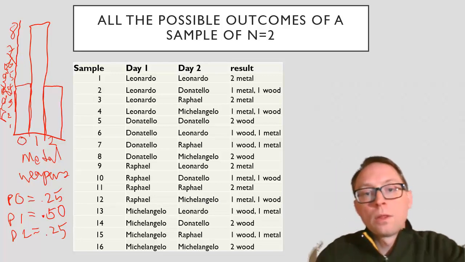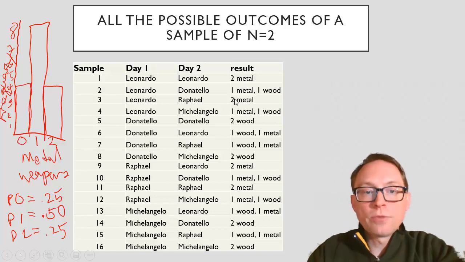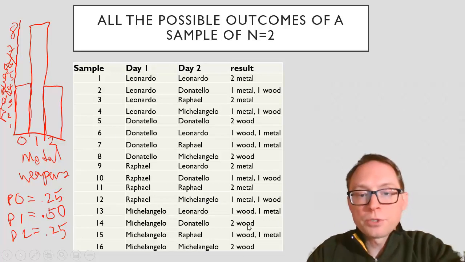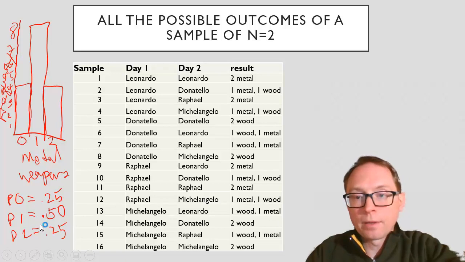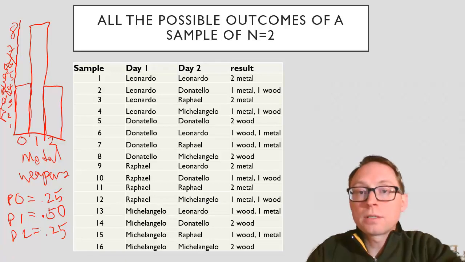Okay? This is a list of all the possible outcomes and the probability of each of them happening. This is a sampling distribution, right? All the possible outcomes and the probability of them happening.